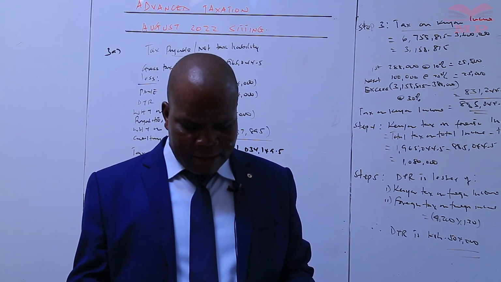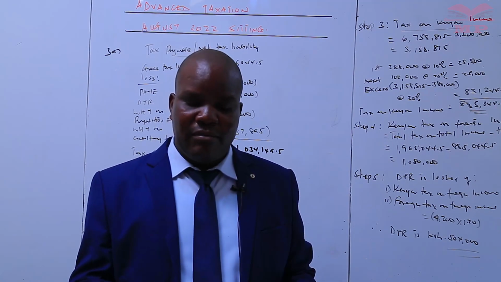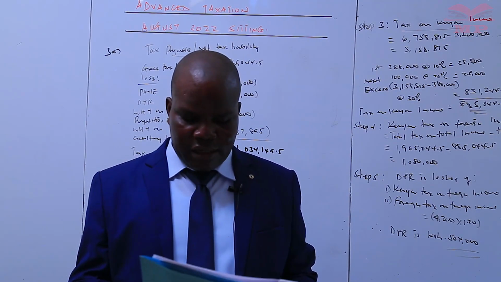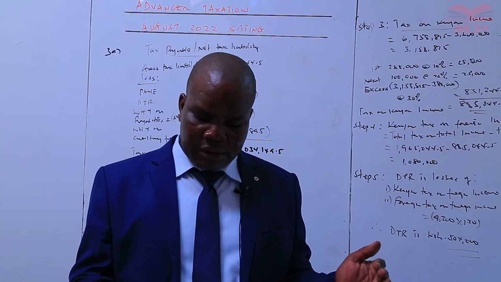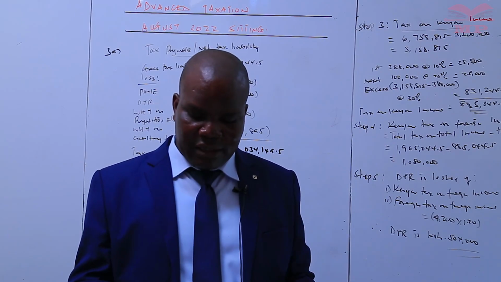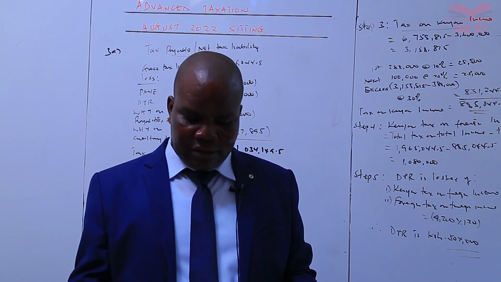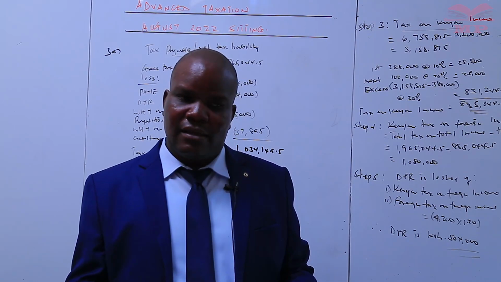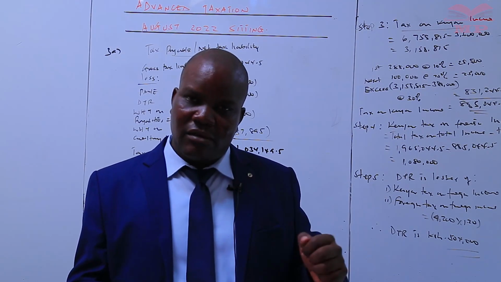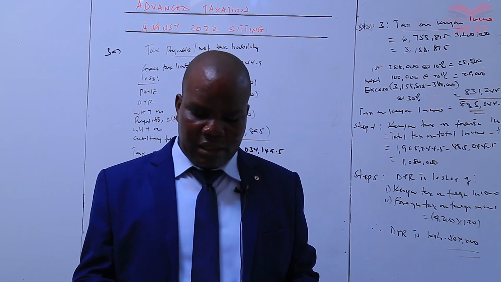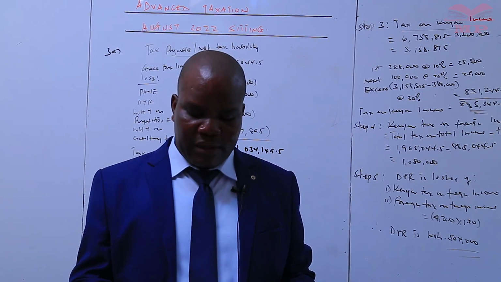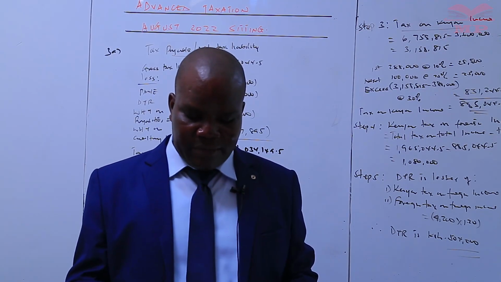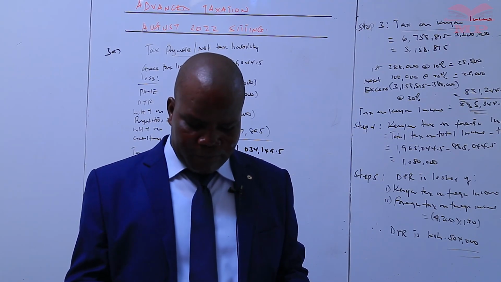Number 1 is that the parent company must recognize taxable gain, which is equal to the difference between the sales proceeds, that is the amount received from the sale of the subsidiary, and the costs of such subsidiary shares. So in case the amount received, the sales proceeds, is more than the cost of the subsidiary shares, then the difference will be treated as a capital gain, which will attract a 5% capital gains tax.